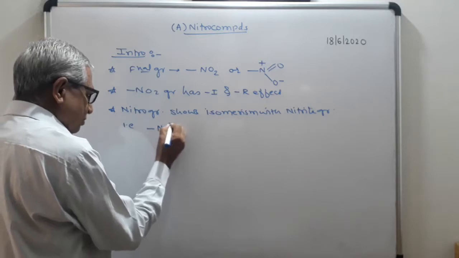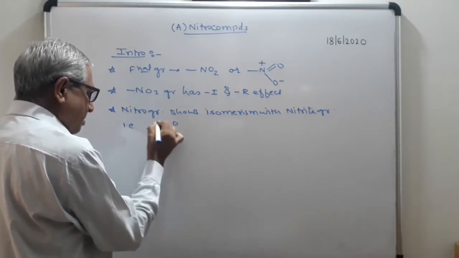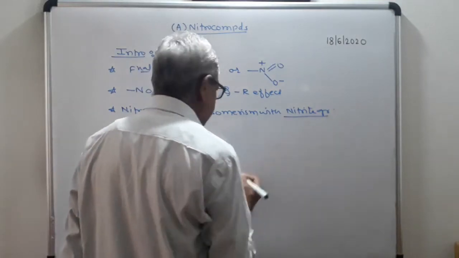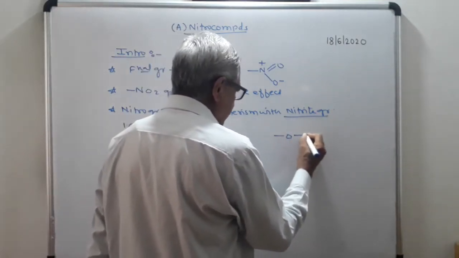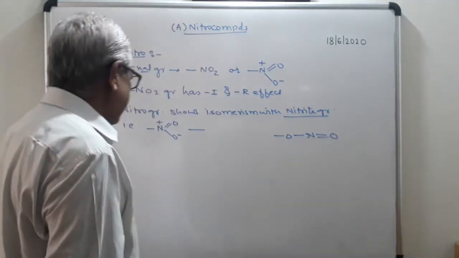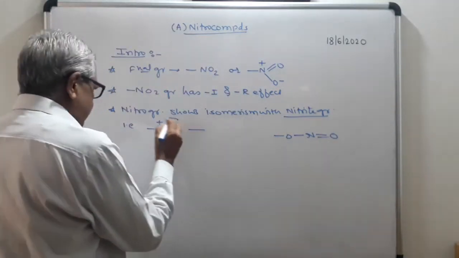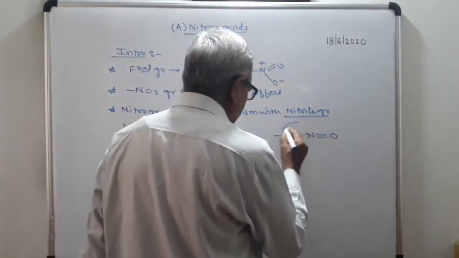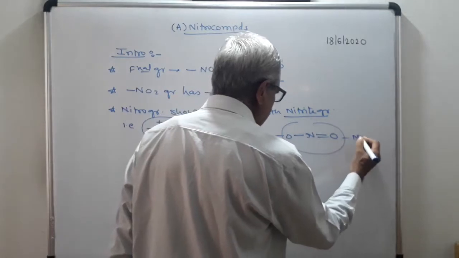This is your nitro group. It shows isomerism with nitrite group, O, N double bond O. This is the formula for nitrite group. See, the formula for this one is NO2. The formula of this one is also NO2.